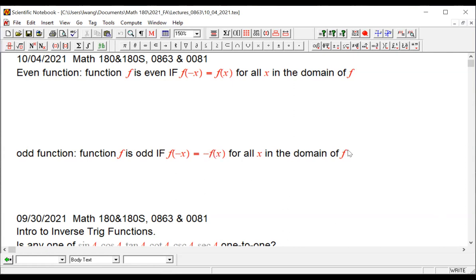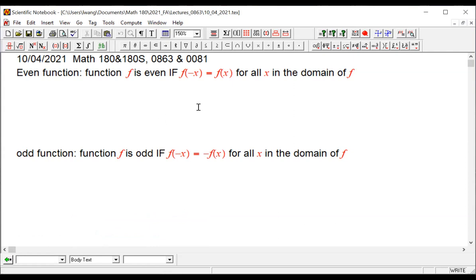So these are the two definitions of even function and odd function. When people look at this notation, they will ask whether the negative sign is inside or outside. What is the difference? That's the difference we want to explain.